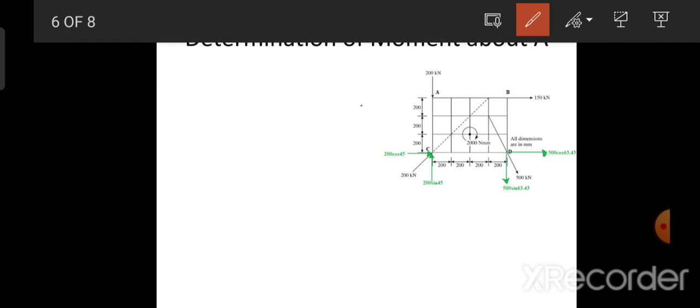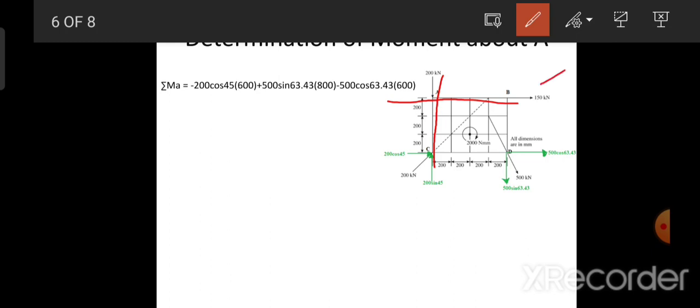See, if I draw the line here, the line of action which is passing through point A, this is with reference to the y axis, and this is with reference to the x axis. All the forces which lie on the same line of action passing through point A should not be considered.